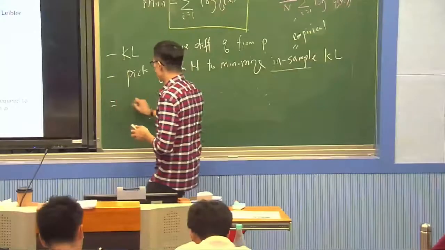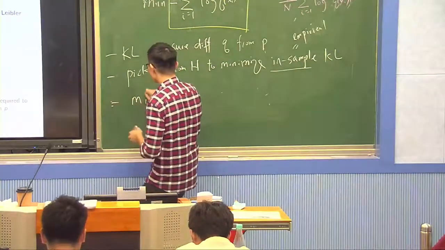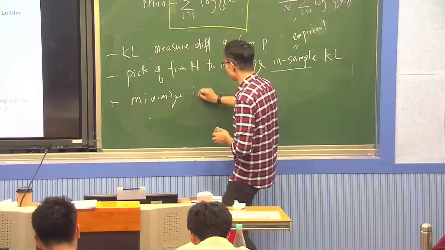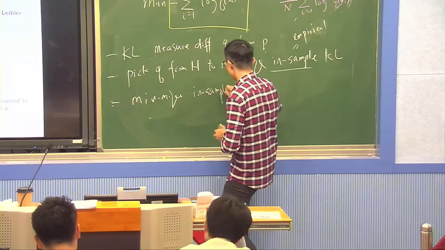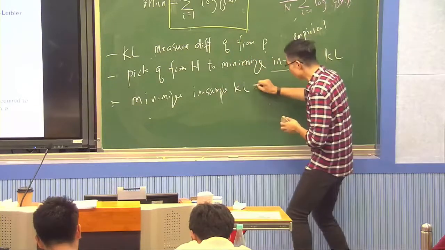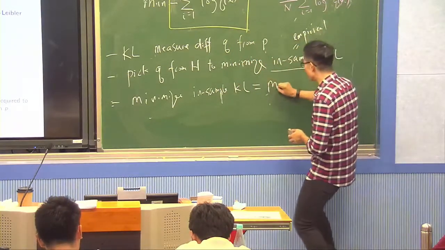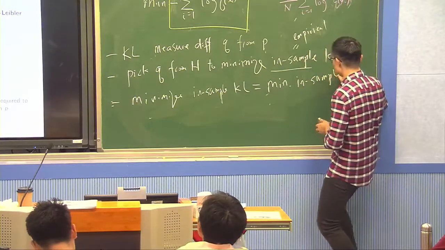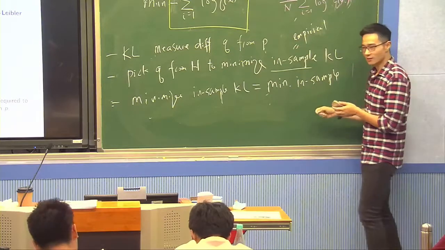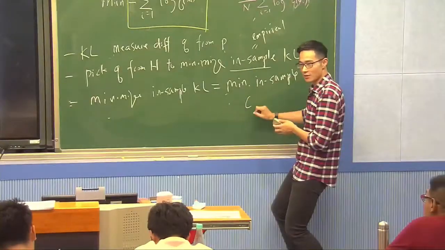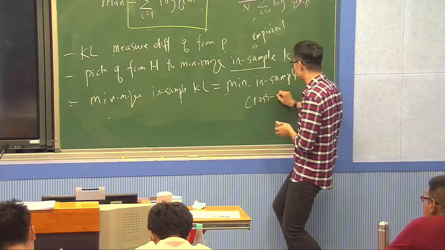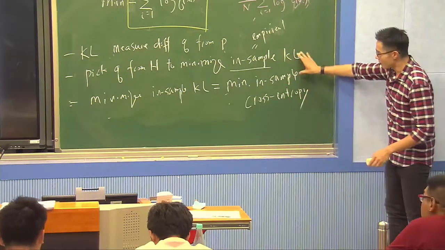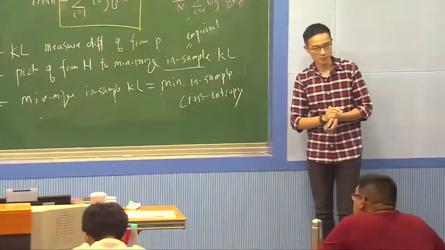But it turns out that minimizing in-sample KL is equivalent to minimizing in-sample what? What do we get here? In-sample cross-entropy, okay? So minimizing in-sample KL is equivalent to minimizing in-sample cross-entropy.